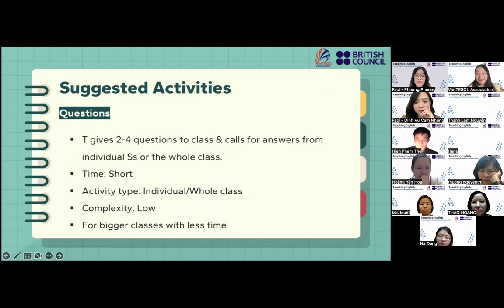But overall, this is a fairly simple activity that can be used for individuals or the whole class. Because of how simple it is, I recommend this for bigger classes with less time. So maybe classes for public school teachers, maybe classes with 40, 50 students. So you can have something to do during a short time, but still effective.